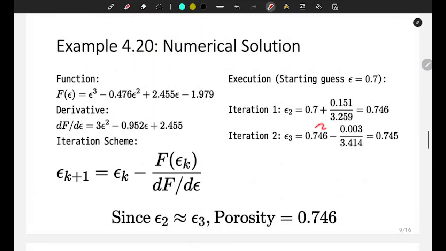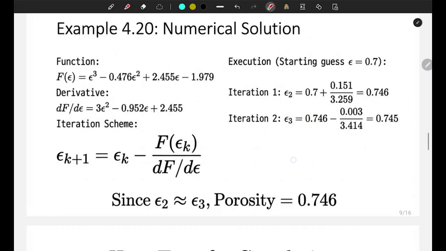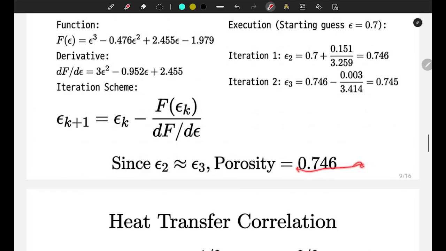After the first iteration the porosity value comes out to be 0.746, and in the third iteration it comes out to be 0.745. As we can see, the first iteration and the second iteration porosity values are more or less similar, so the porosity is around 0.746.